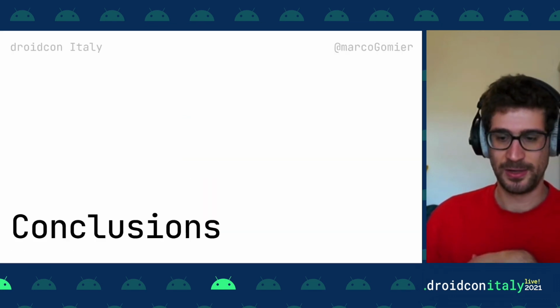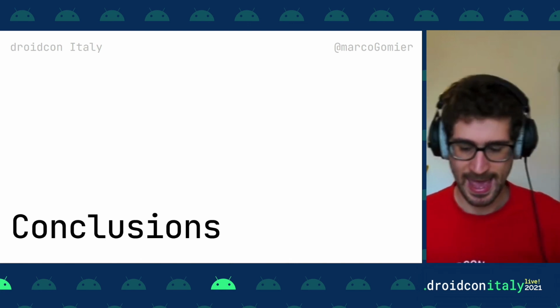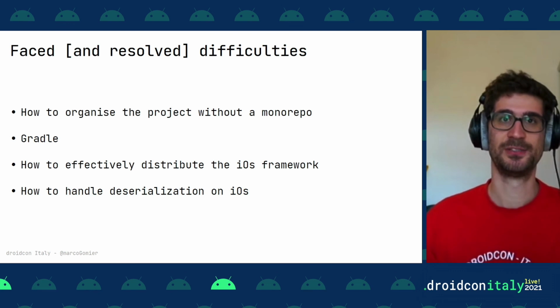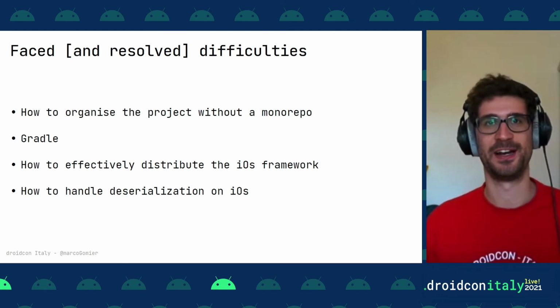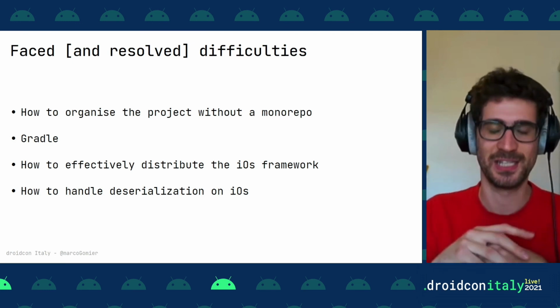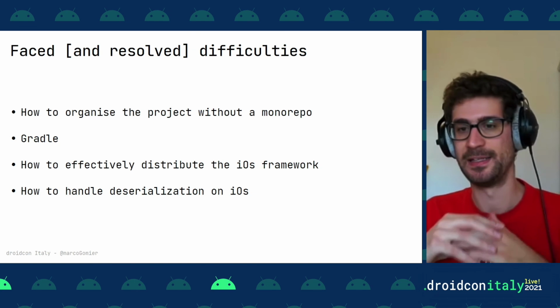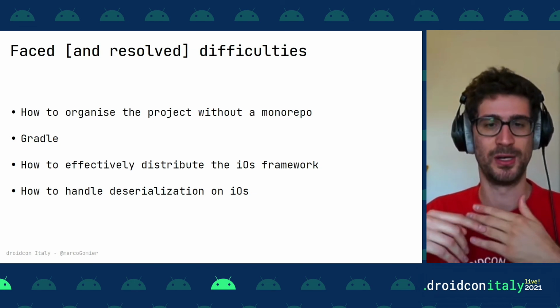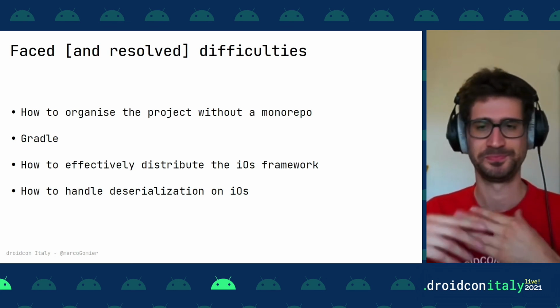All right, so now we can finally jump to conclusions. In order to add Kotlin Multiplatform and have the sharing scenario, we faced some difficulties. The first one was how to organize the project properly without a monorepo structure.